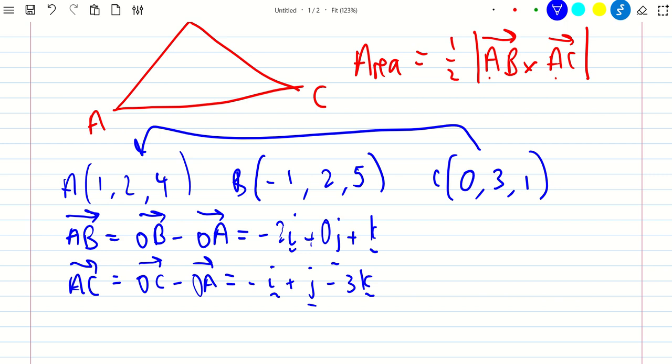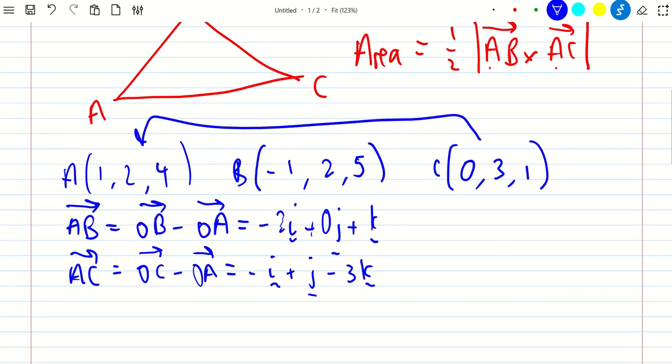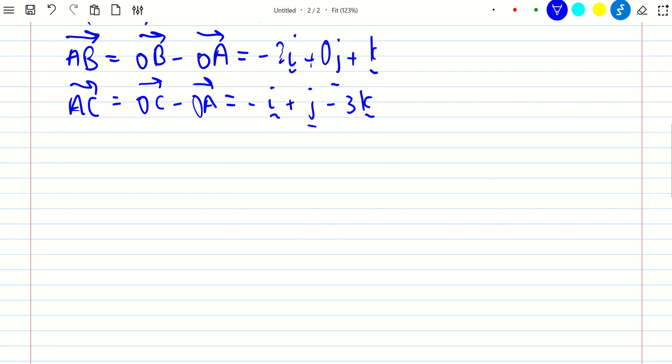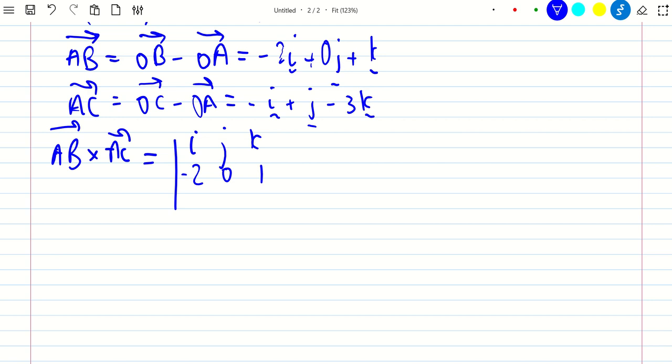Now the next step in trying to find the area is finding the cross product of these. So AB cross AC equals the determinant with I, J, K. What was my AB? There it is: -2, 0, 1. And AC is -1, 1, -3.